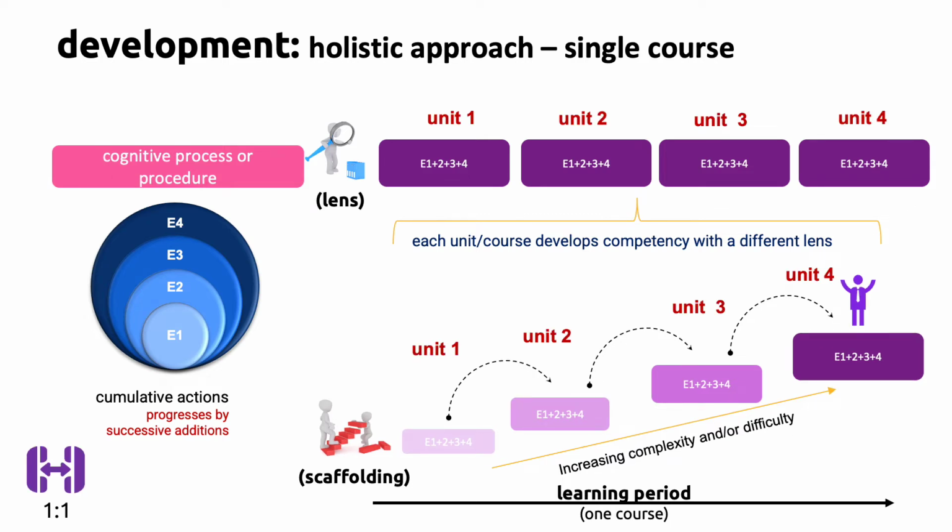A competency can be developed holistically in a single course as well. The only difference is the learning period. Instead of a course, units become the learning period associated with different lenses or the scaffolding of learning.